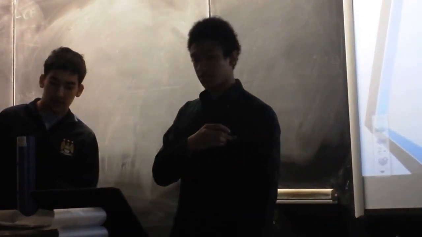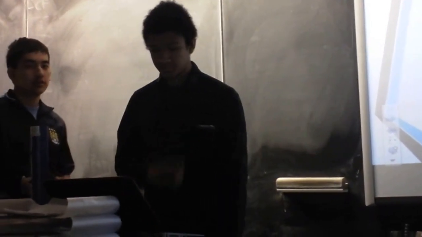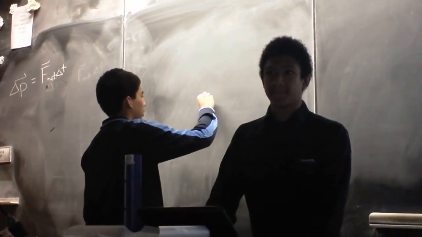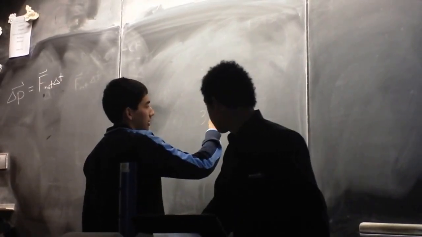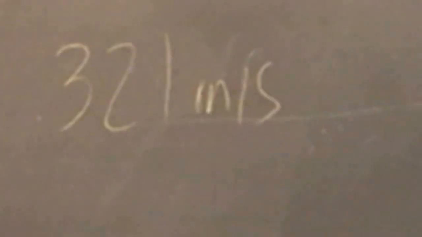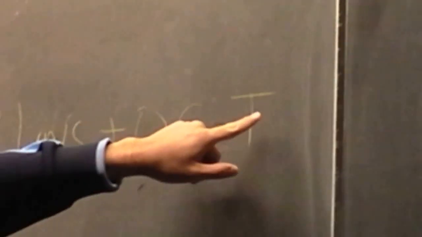Then we also calculated the accepted value. We used the equation that says when the temperature equals 0, the speed of sound equals 321 meters per second, and for every 1 degree increase in temperature, the speed of sound increases by 0.6 multiplied by the temperature increase.